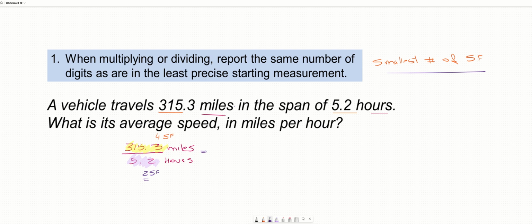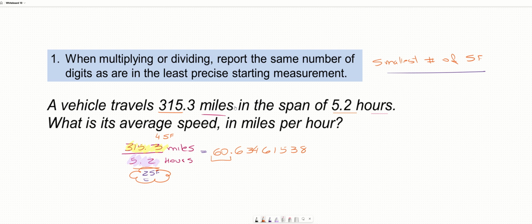Here, with a calculator, you're going to have a number like 6.63461538. This is the number I got in my calculator. But my final answer must have 2 significant figures, which means only those 2. You need to take care of the rounding process.